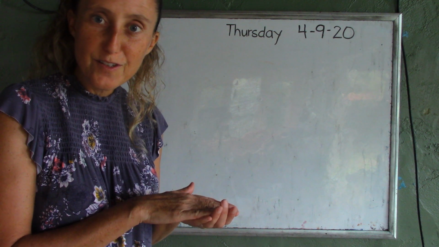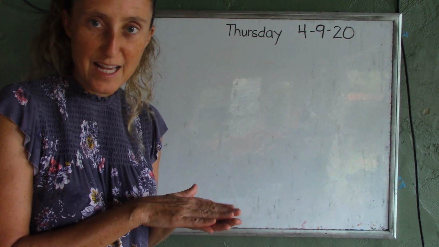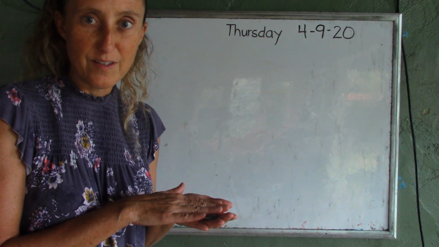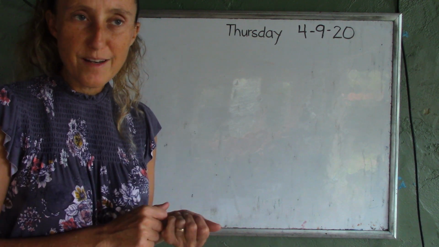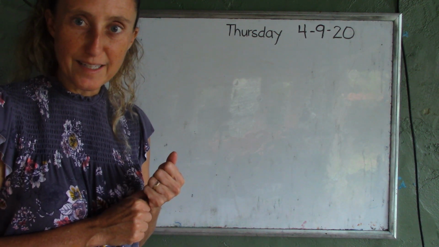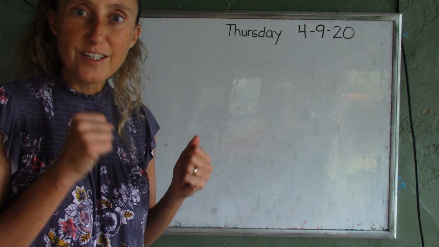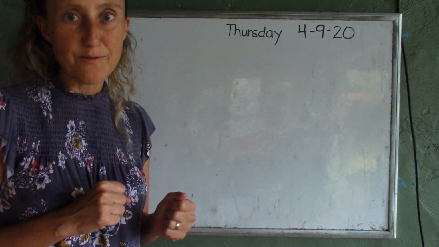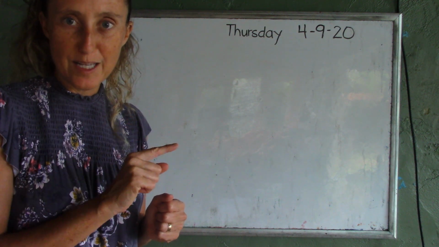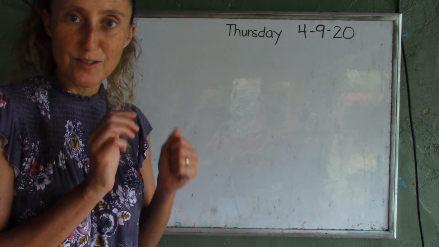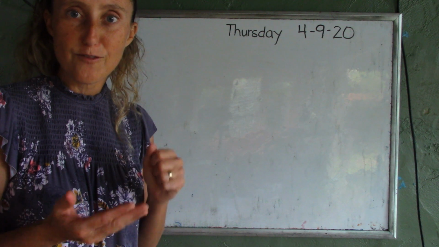So I have 20 cents worth of dimes and 20 cents worth of nickels. So what is 20 plus 20? Good job. It's 40, right? Because 2 plus 2 is 4 and 0 plus 0 is 0. So 20 plus 20 is 40.